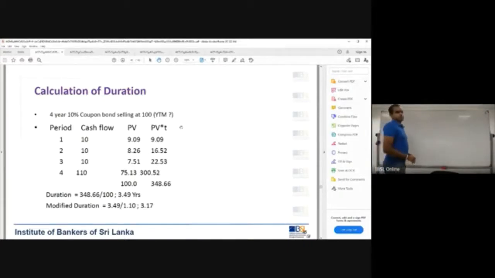Says a 4-year 10% coupon bond is selling at 100. So it's a 4-year 10% coupon bond selling at 100. So if 100 is the face value, that means face value is equal to the bond price. If that is the case, yield should be equal to the coupon. Right?